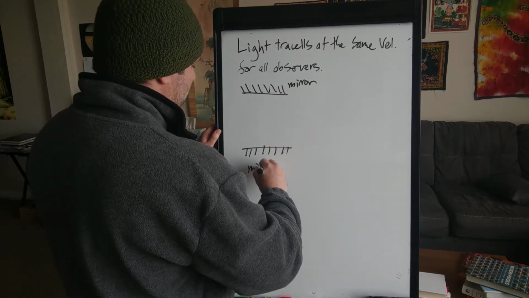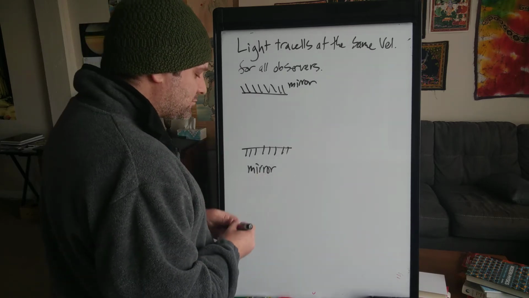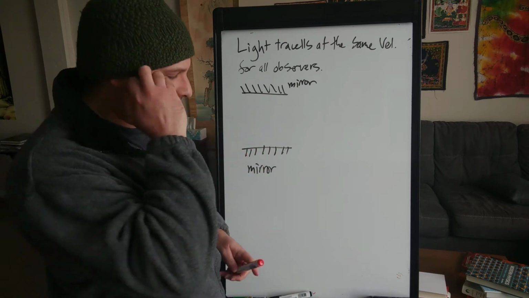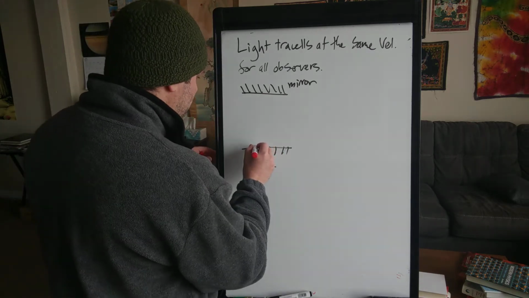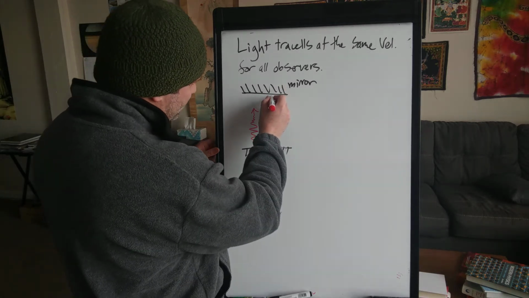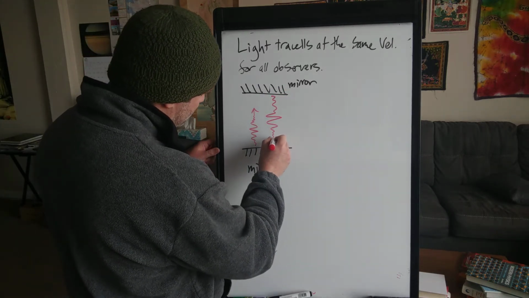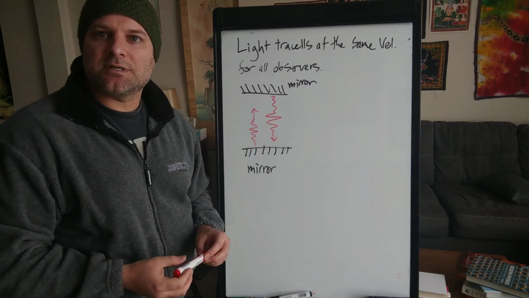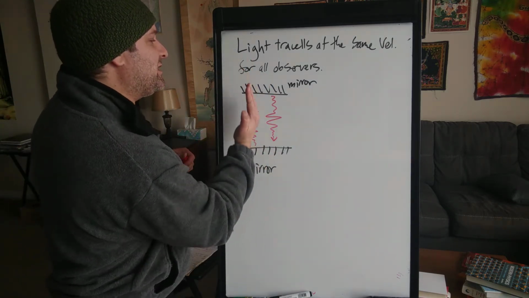And somehow we trap between those two mirrors a single pulse of light. And all this light does all day, every day, forever, is just bounce back and forth between these two mirrors. The light's completely perpendicular to the mirrors.